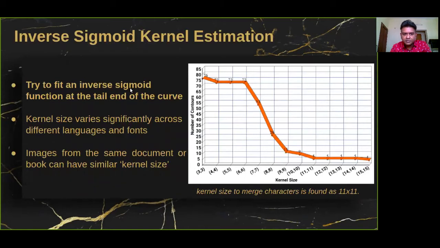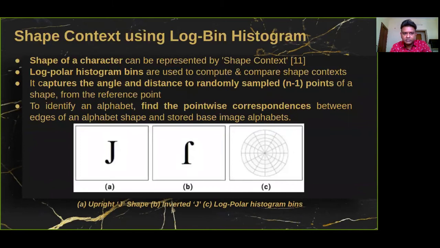That is why we are fitting the inverse sigmoid function, to identify the fall so that we can find the kernel size required to dilate to merge characters into words. So once we find the word, we can easily find the bounding box. Then we get the image patch and feed it to the inversion detection.